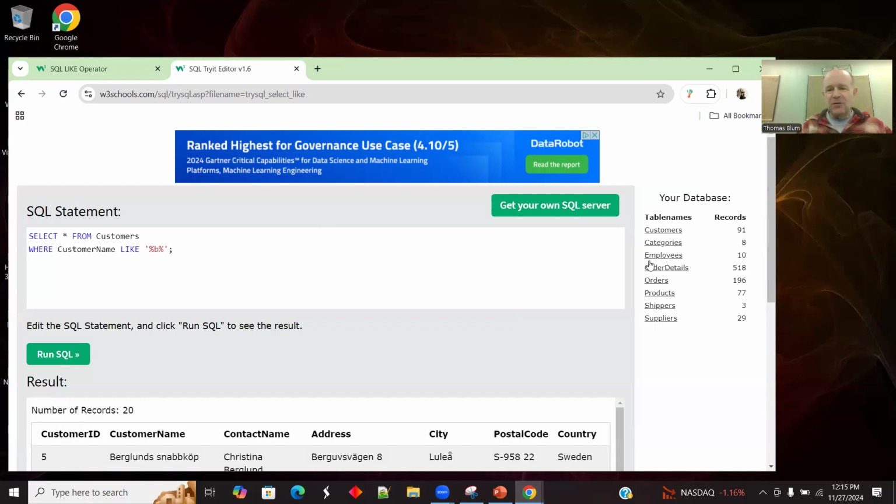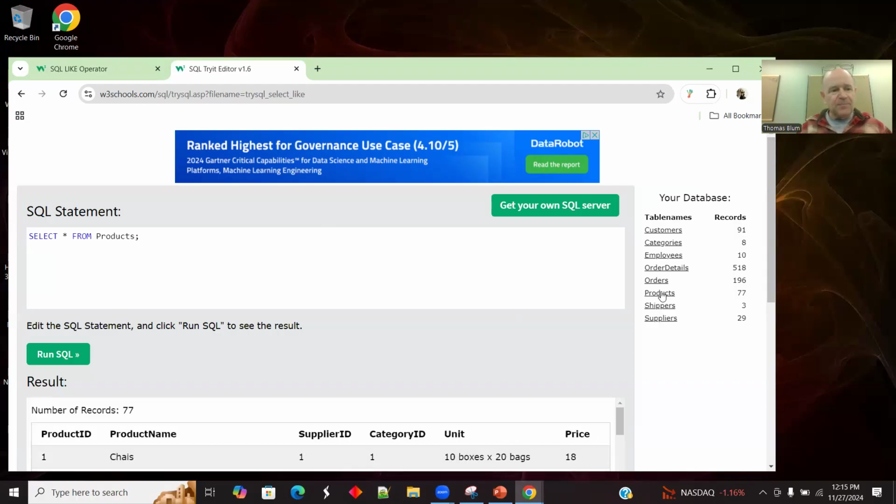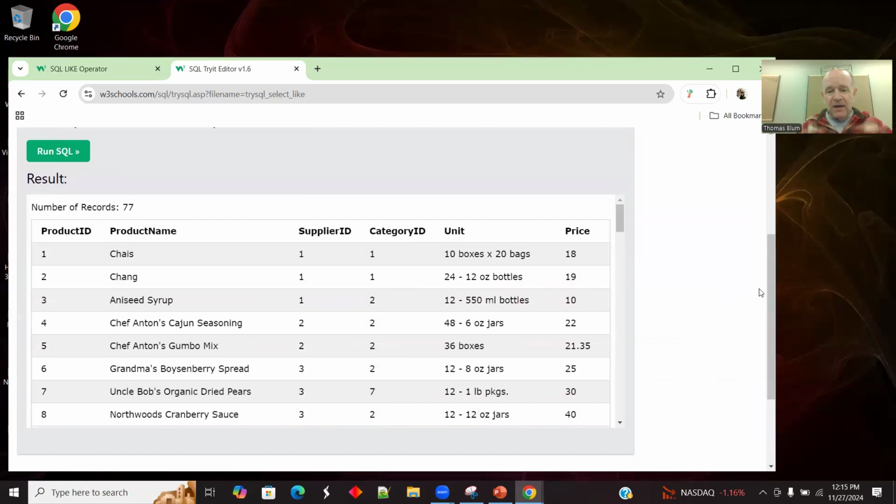Okay. Now I want to go over and do products. The products have a unit, and there are boxes and bags and bottles and jars.